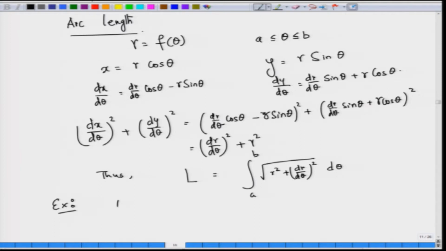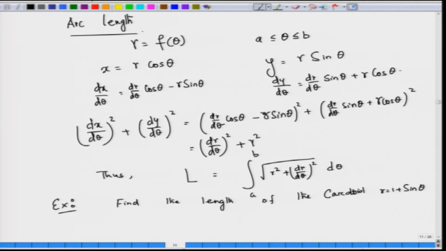Find the length of the cardioid r equal to 1 plus sin theta.